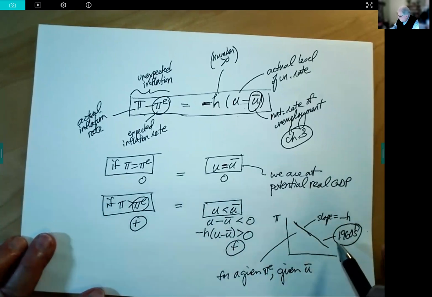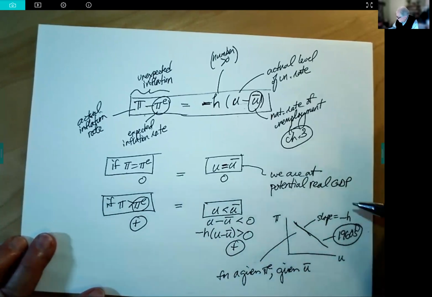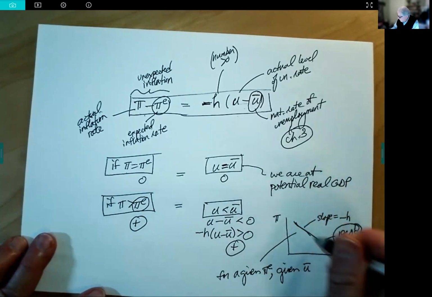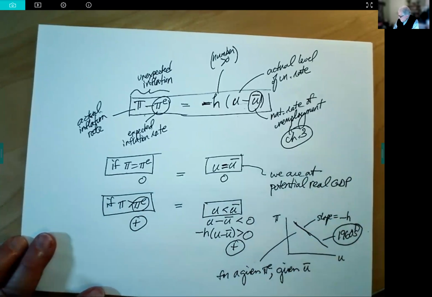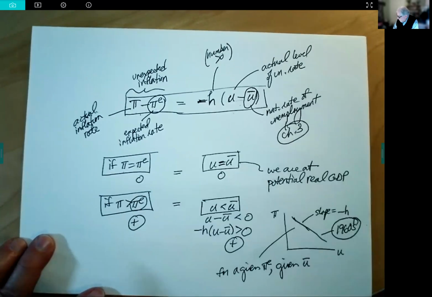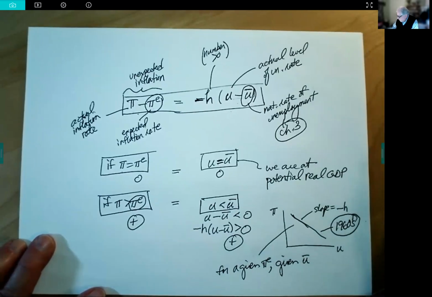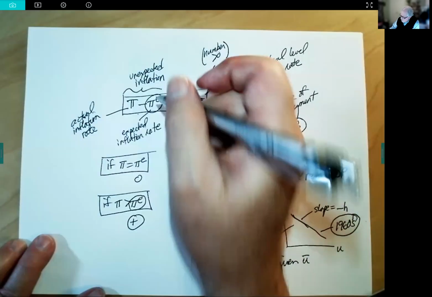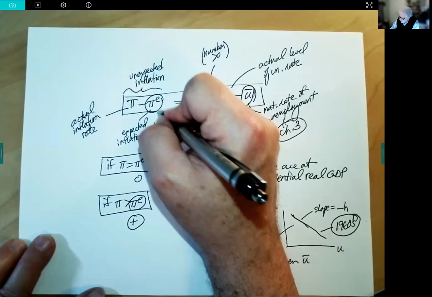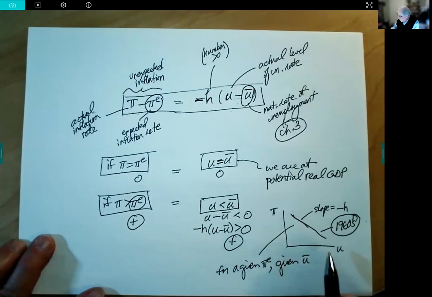The problem is that from the 1970s on, mid-1970s on, there wasn't a nice negative relationship between the two. In fact, there seemed to be no relationship at all. So we can look at what might have caused that.